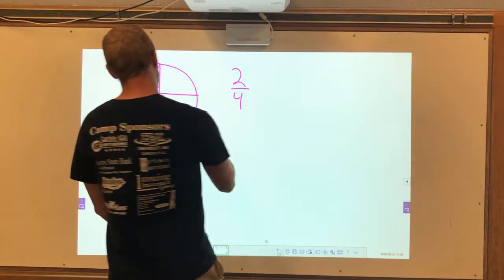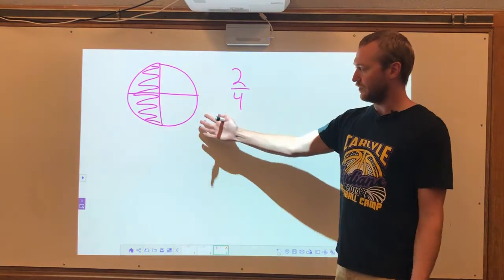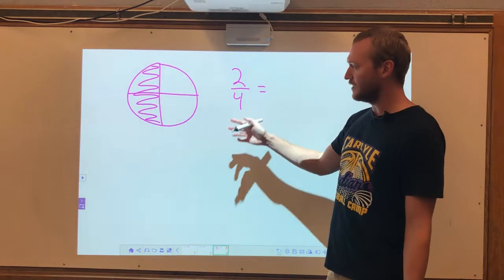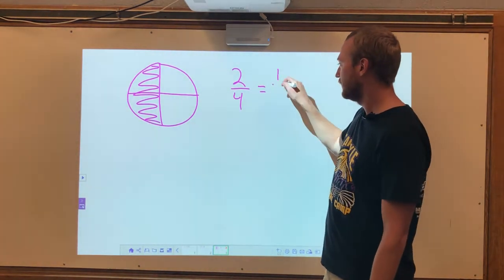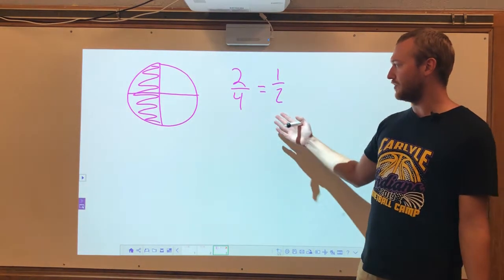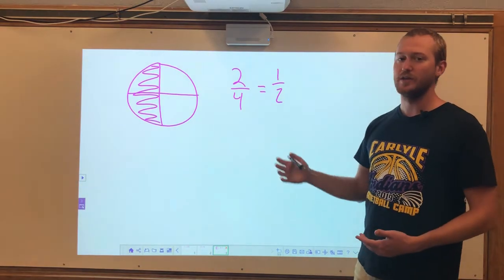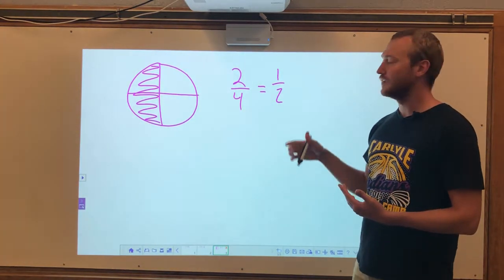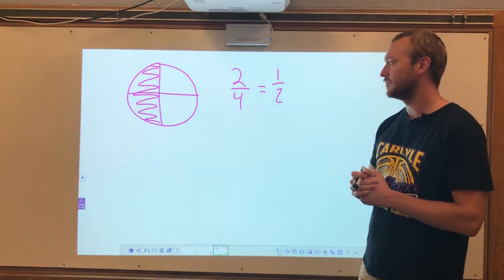Well, we can see from our circle, we shaded in half of it. And that means 2/4 is the same as 1/2. 2/4 simplified is 1/2.